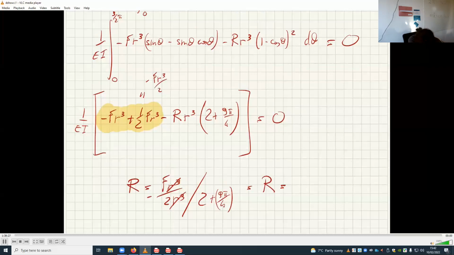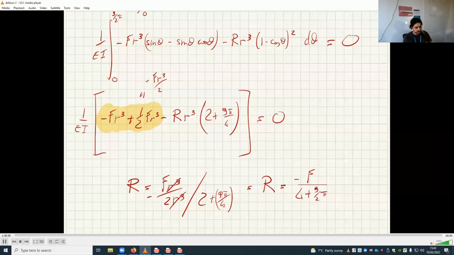minus F divided by 2, divided by, again, so it's times two, but in this case it's just 4 times 9 divided by 2 times pi. Nice. So how much is this?